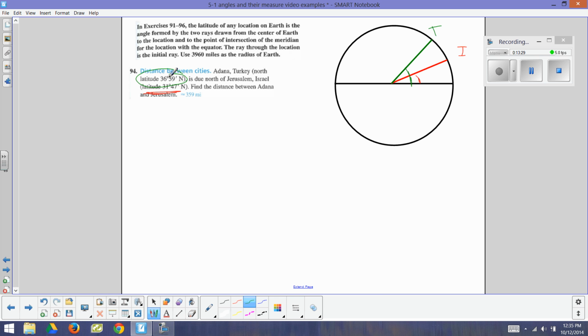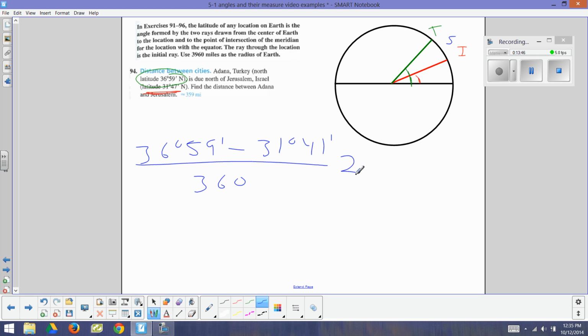You could find the distance between the two the exact same way you did a minute ago. Your theta, which would be 36 degrees 59 minutes, minus 31 degrees 41 minutes, over 360 times 2 pi times 3,960. Plug it all in your calculator, and you should get about 359 miles.